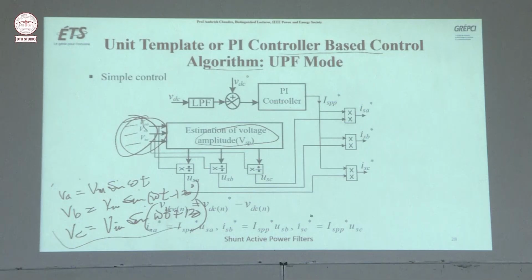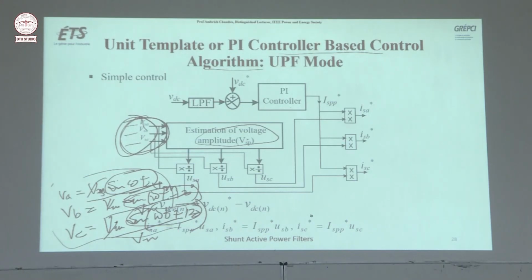So we can write this equation. We measure these voltages and divide each by Vm, so the Vm cancels out. You have sine omega t, sine(omega t minus 120), sine(omega t plus 120).